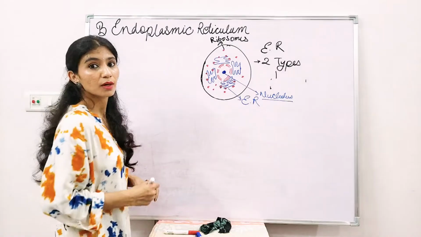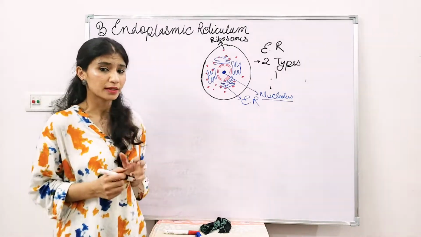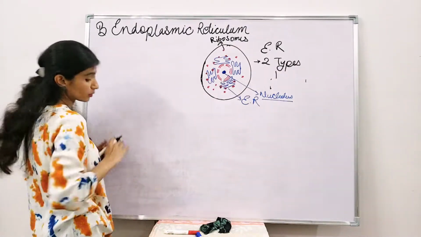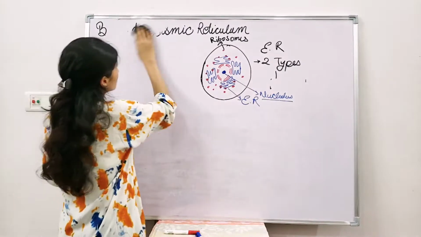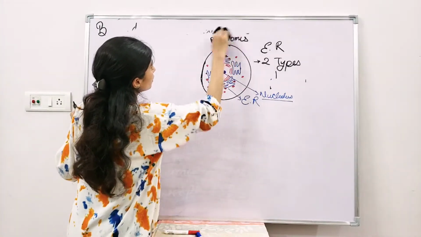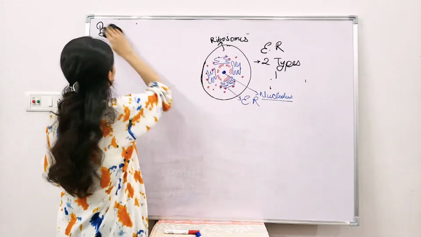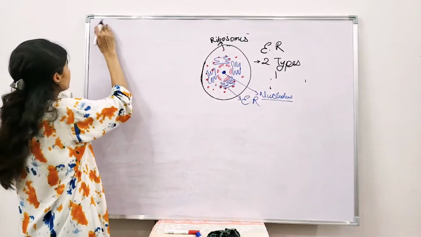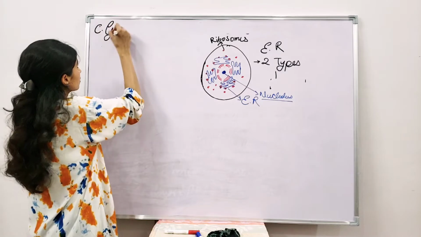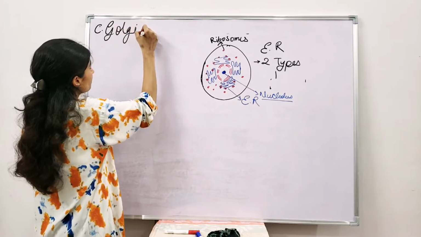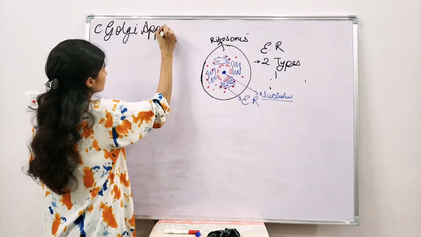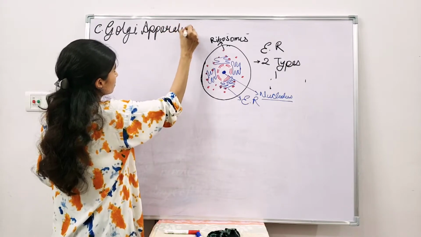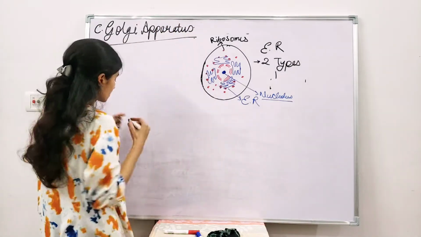So the next one is the Golgi apparatus. We'll just quickly go through it. I'm not going to remove the diagram because it will be used again. The diagram will remain as it is, and we'll just make some modifications. Next is the Golgi apparatus.